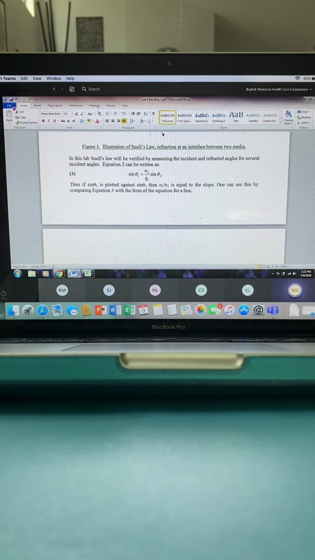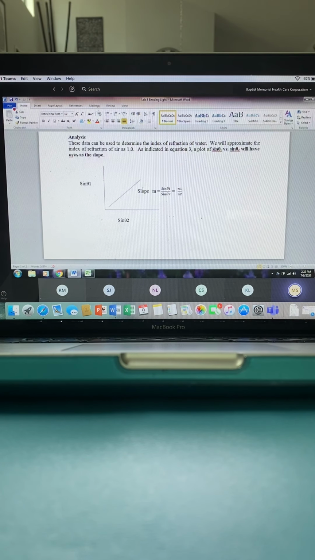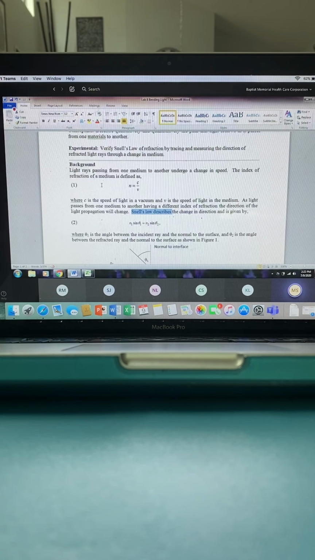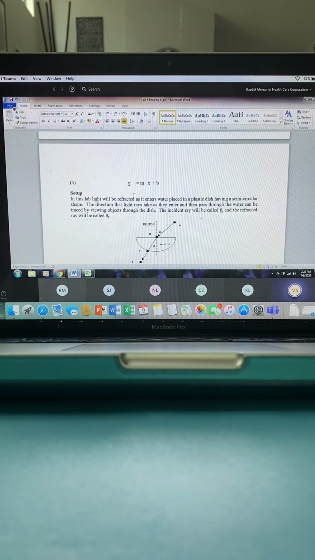So n1, the first media, is known, so for the second media you use sine theta 1 and sine theta 2 that you are plotting, and get the straight line. Talk about that. Whatever we have here, equations number 1, 2, and 3, talk about that. And equation number 4 is the equation for the straight line.